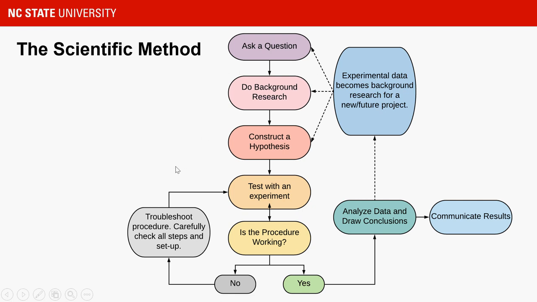Through the result of the experiment, you either get a positive result, which supports your hypothesis, or you get a negative result, which is against your hypothesis. A lot of times this cycle needs to be continual, and that's why research is called research.